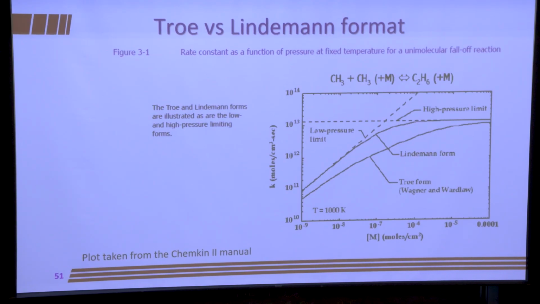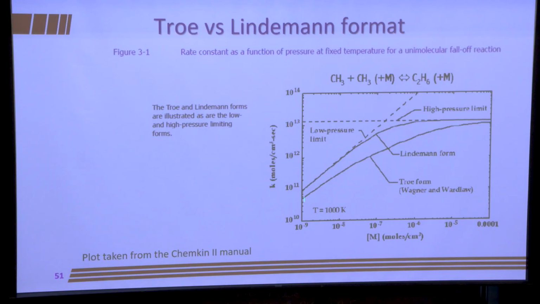If you go online, you can download the Chemkin 2 manual, and it may help you a bit by looking at this. There's another fit too called the Stewart fit that's in there. I'm not going to talk about it today. It's enough to talk about Lindemann and Troe, and it's complicated enough.